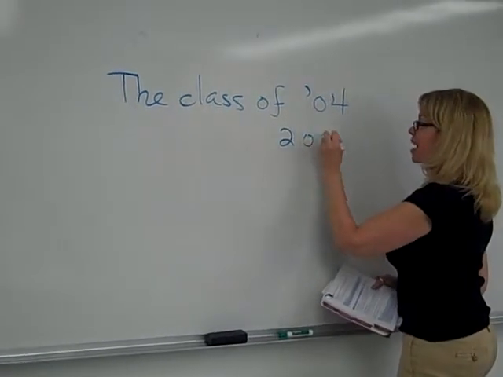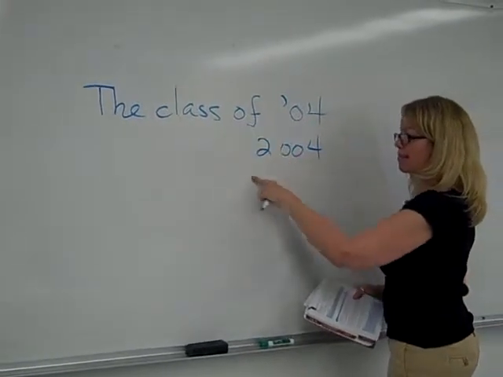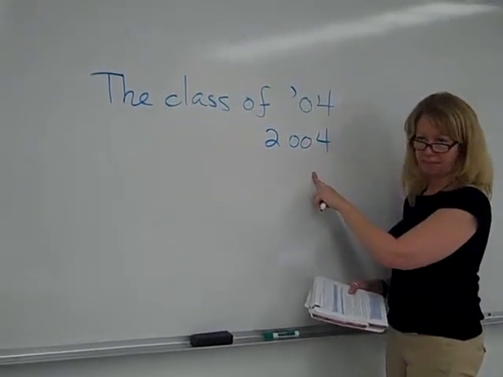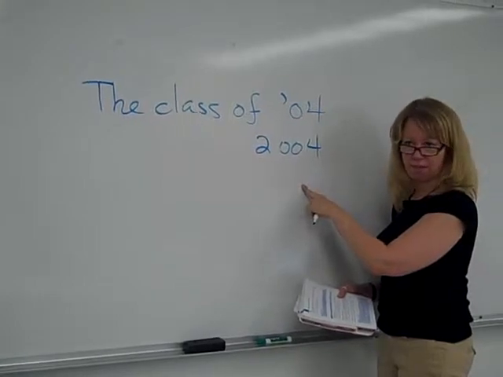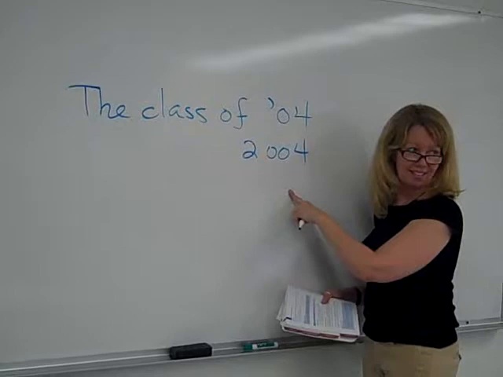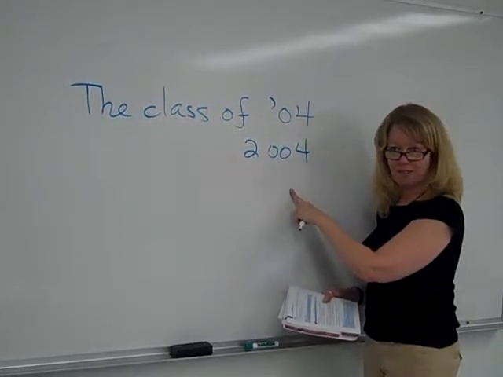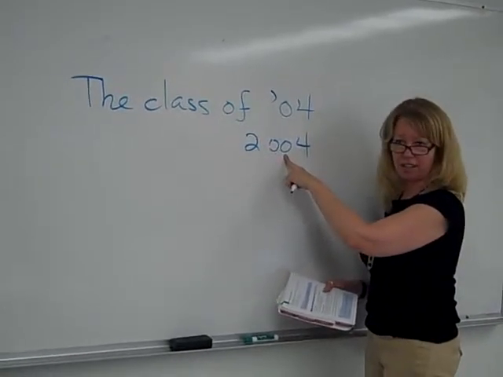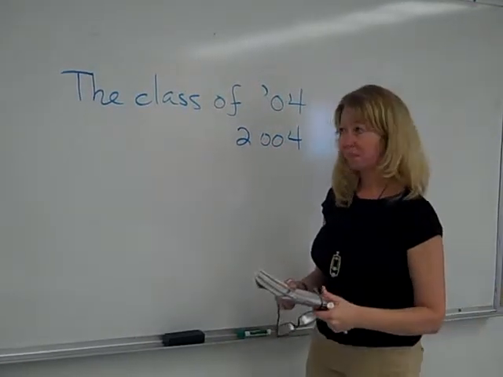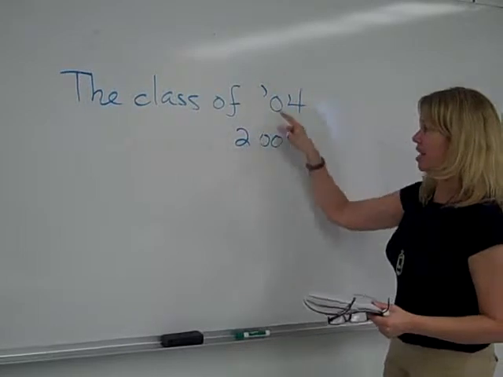The class of 2004. And when we talk about the class of 2004, what does that mean to you? What did the person do in 2004? The person graduated. The person graduated in 2004.